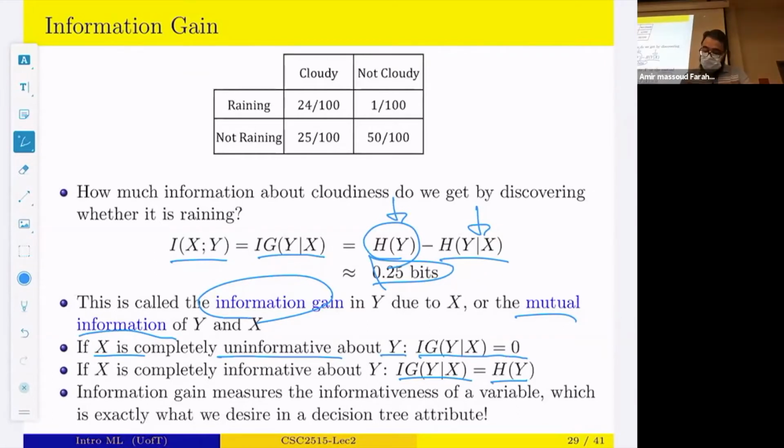And yeah, so basically this is a good way to suggest that information gain might be a good criterion for us for the purpose of deciding whether we want to split a tree or not. Because this idea of how much uncertainty changes before and after knowledge about something is exactly what we want when we decide whether to split or not.